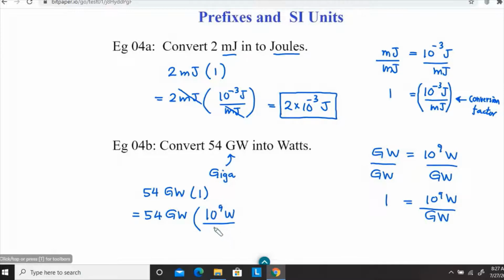That is 10 to the power 9 watt divided by gigawatt, which means 1 gigawatt is equal to 10 to the power 9 watt. So then the gigawatt term cancels out and I get 54 times 10 to the power 9 watt. Now you can write this in the common scientific notation, 5.4 times 10 to the power 10 watts.